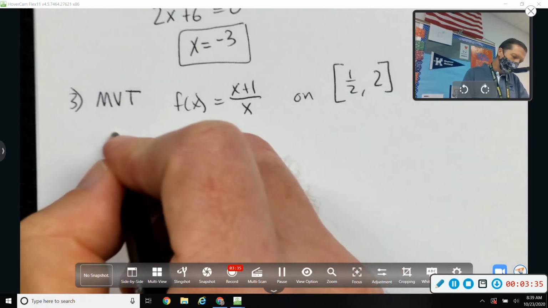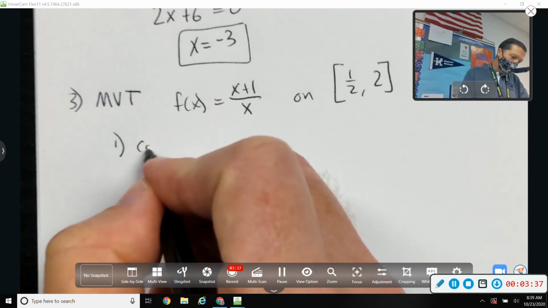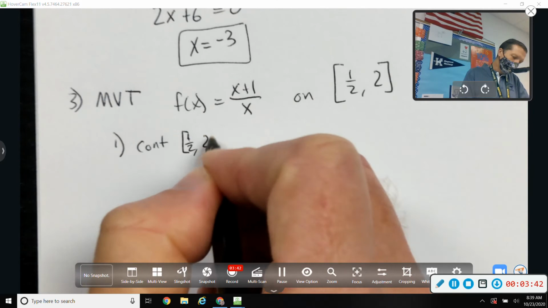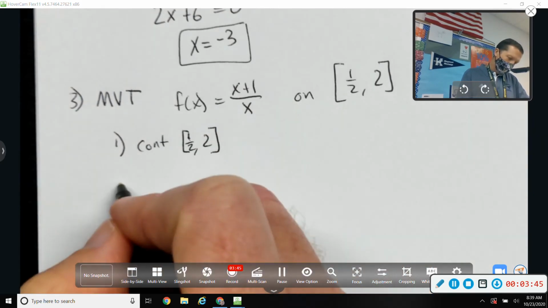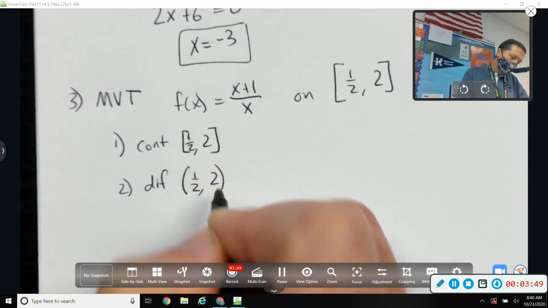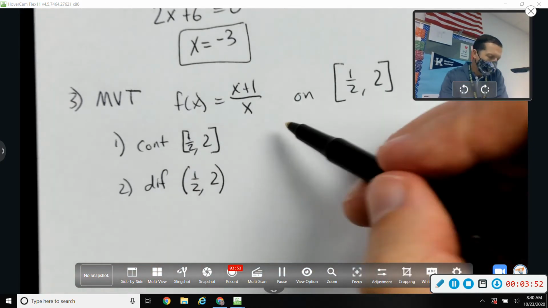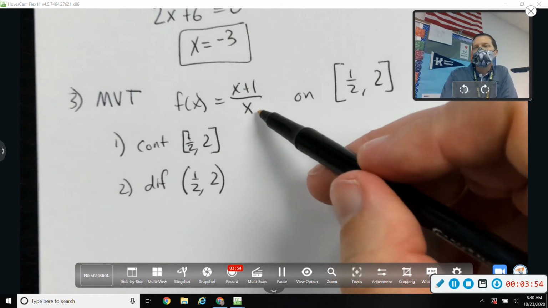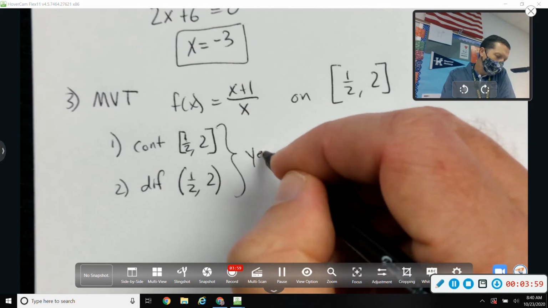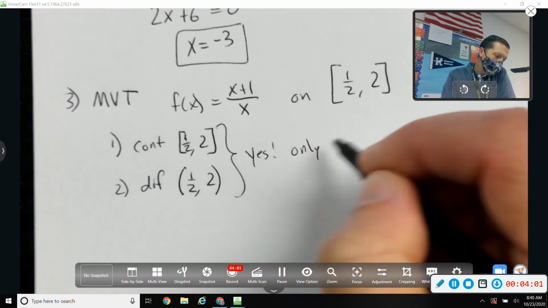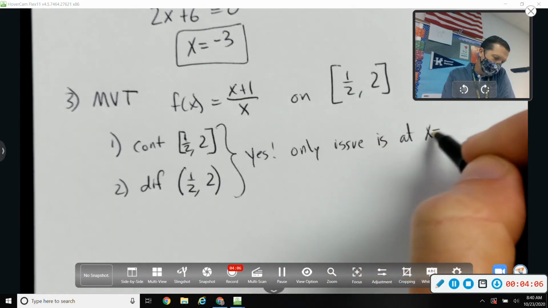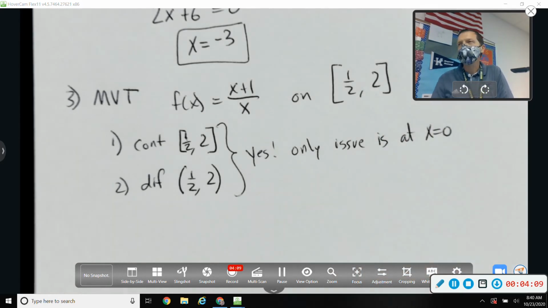And the conditions for MVT are the first two conditions of Rolle's: continuous on the closed interval and differentiable on the open interval. This would have a problem, but the only problem would be at 0. And 0 is not in our interval, so we're okay here. The only issue is at x equals 0, and that's not in our interval, so we're good.